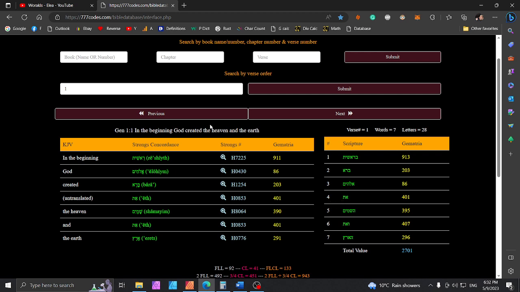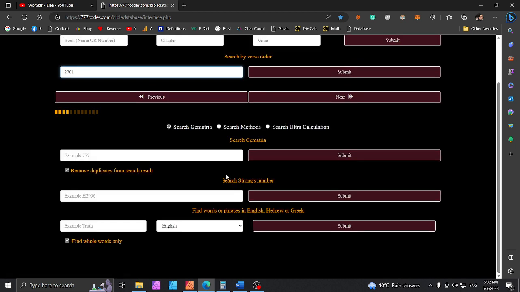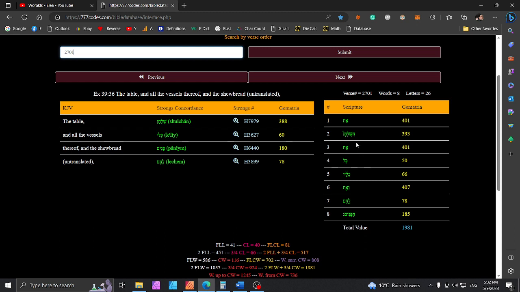This is very important, because if you go to verse number 2701, you are going to see that Aleph Tav is found 2 times there, and it's placed as word number 1 and 3. 1 and 3. Why? I never understood that. I thought it was because of inverse alpha.